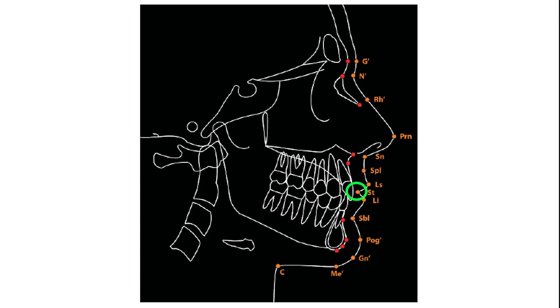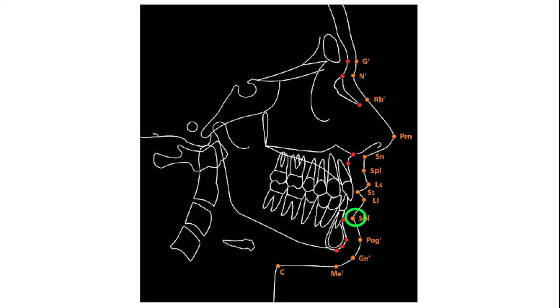Stomion inferius, STI. STI is the most superior point of the lower lip in the mid-sagittal plane. Labiale inferius, LI. LI is the point representing the mucocutaneous vermilion border of the lower lip in the mid-sagittal plane.